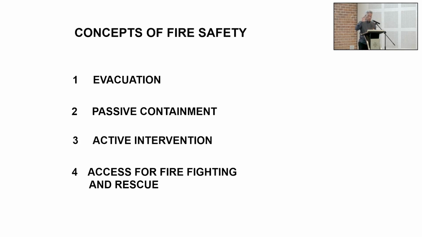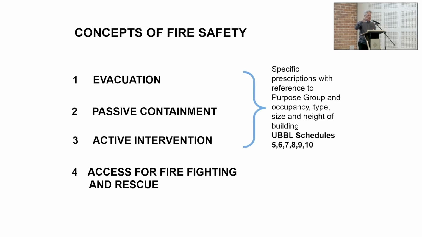And let's remind ourselves how the UBBL governs all of these. Evacuation, passive containment, and active intervention all have specific prescriptions, with very specific references to the purpose group of the building you're designing, by the occupancy, the type, the size and height of the building, and very specifically referring to UBBL Schedules 5, 6, 7, 8, 9, and 10.